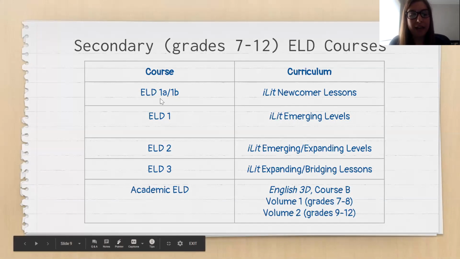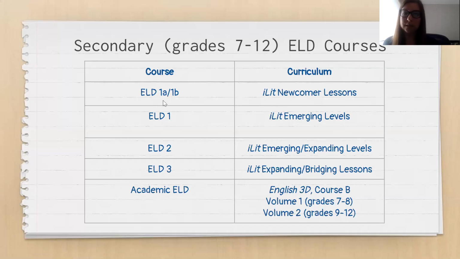ELD 1A and 1B take 2 blocks. One block is the language development block. The other block is the English block, where they would go over more the reading and writing based on the Common Core standards for ELA.